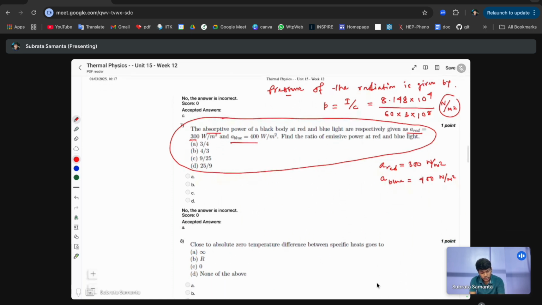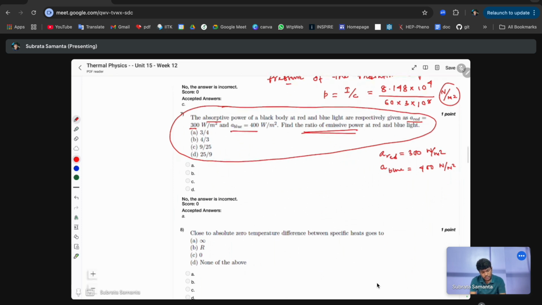So the ratio of emissive power. By Kirchhoff's law, we know that A over E is basically constant.